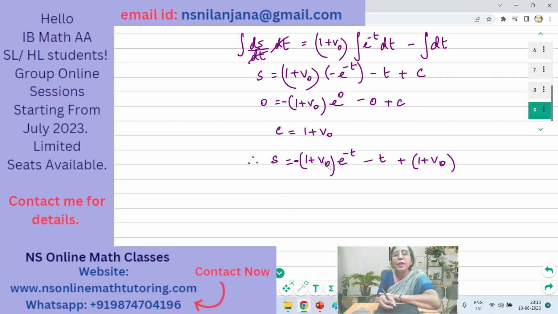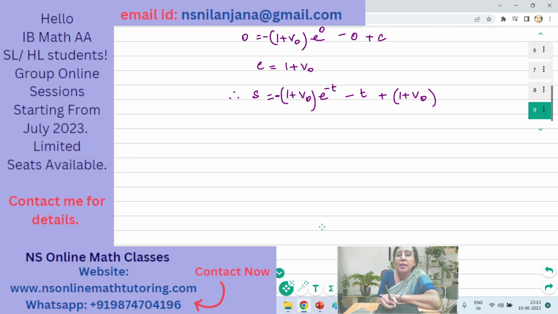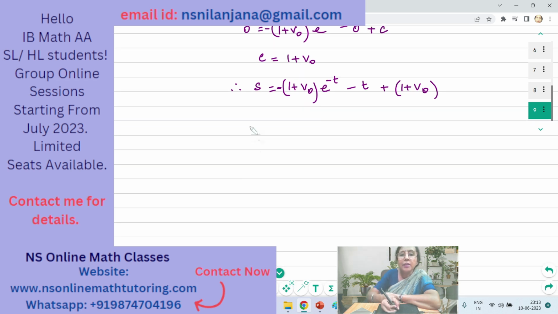Now we want to have the expression for S max. And S max will happen when the time is equal to capital T. When t equal to capital T, s is equal to S max. Okay.